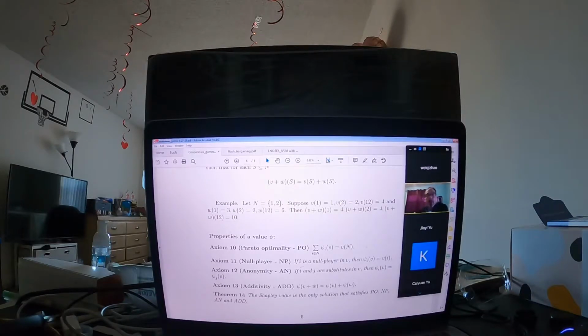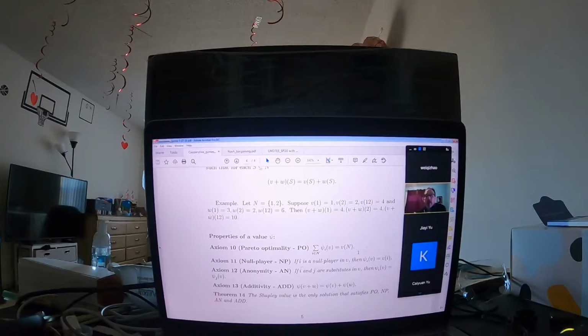So here is a list of 4 properties that may or may not be considered desirable, and they seem rather intuitive, of a value, that is, a solution to a cooperative game. The first property is that we do divide the entire pie.